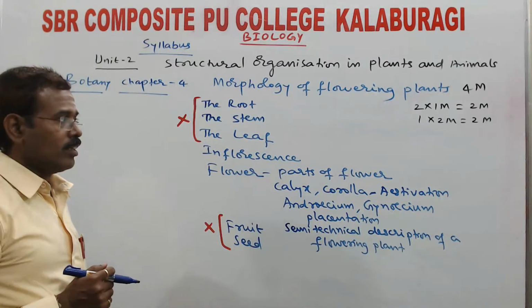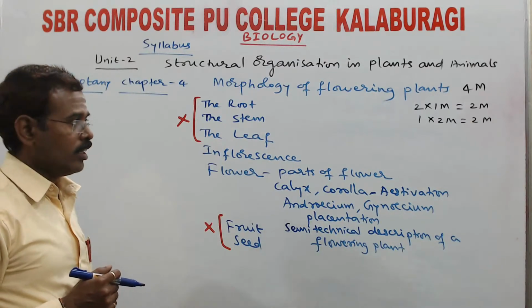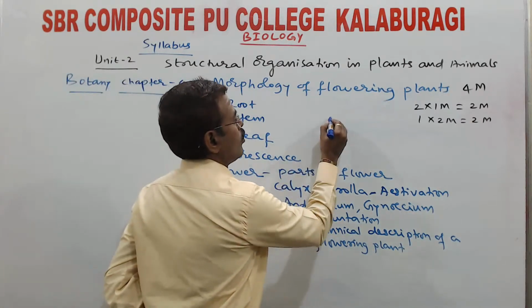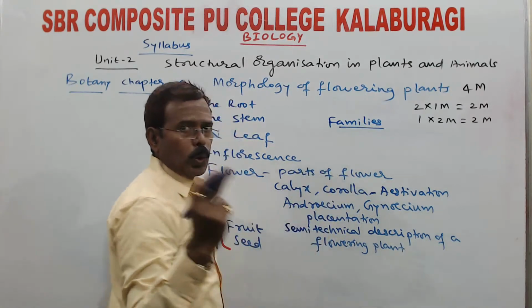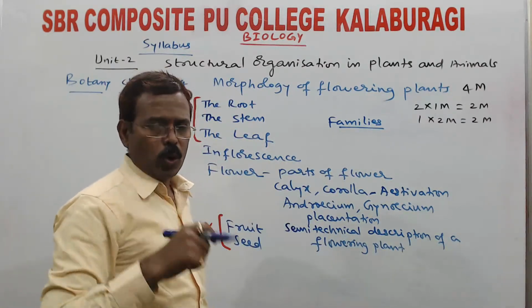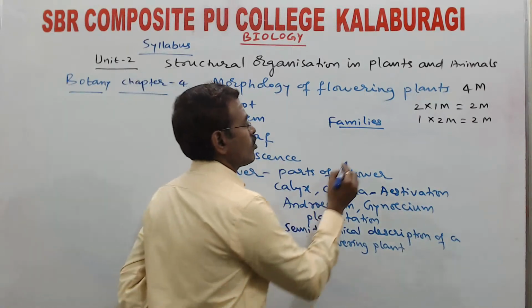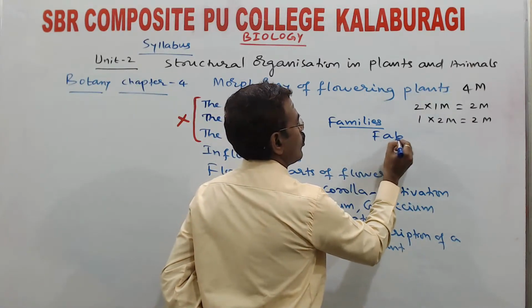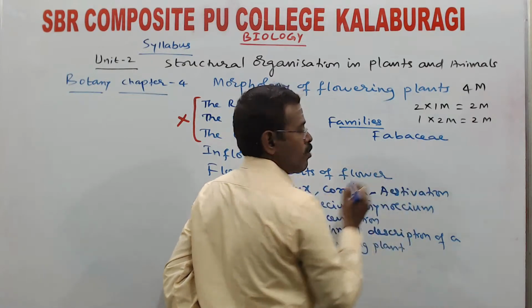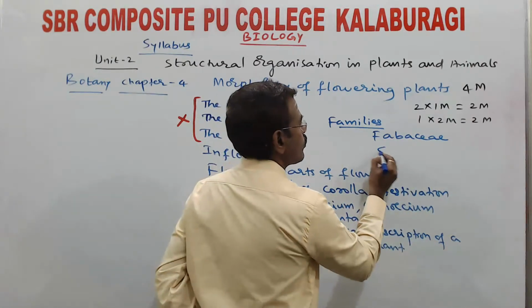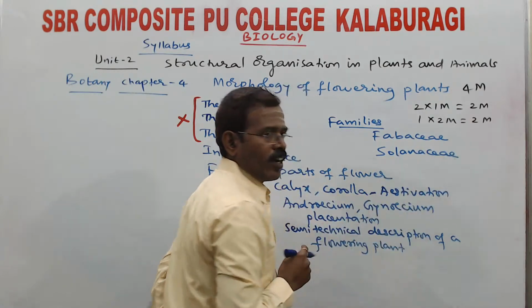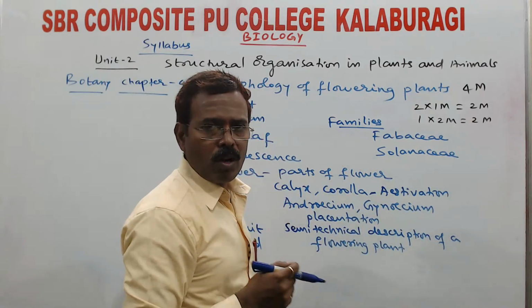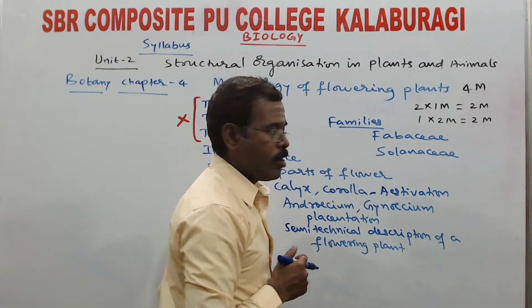Then we have to learn families. Two dicot families and one monocot family are there. First one, Fabaceae, the pea family. Second one, Solanaceae, the brinjal or tomato family, chili family.